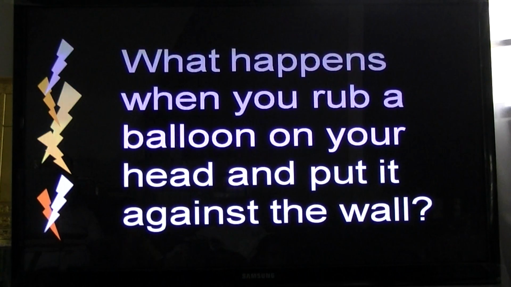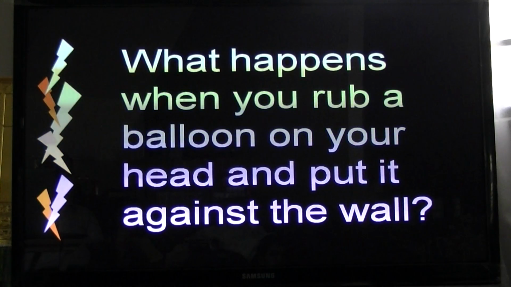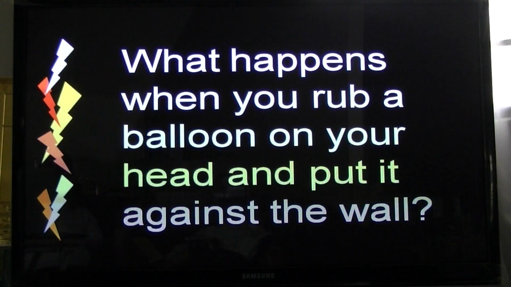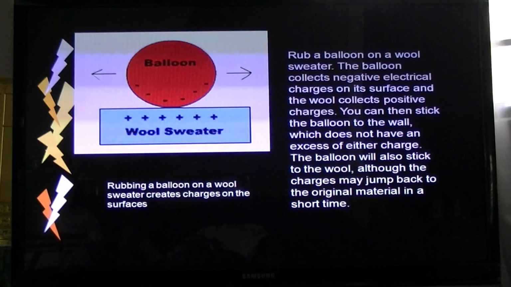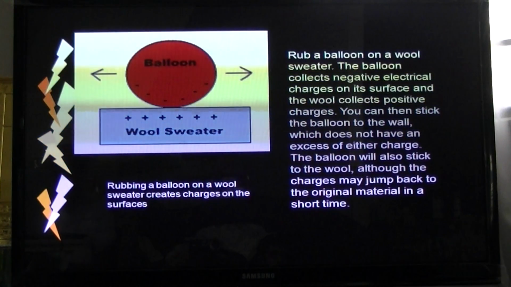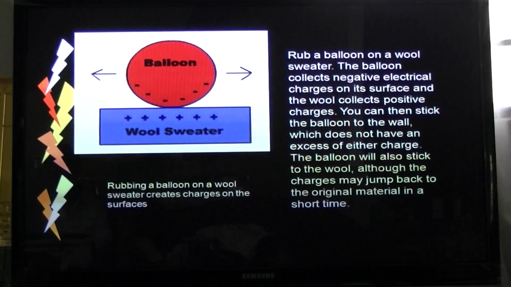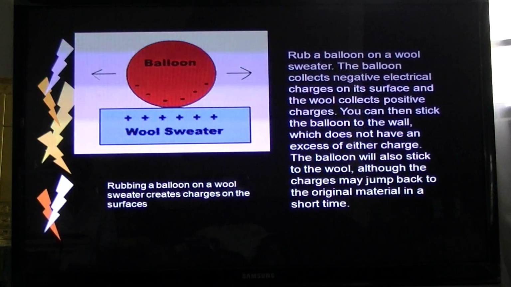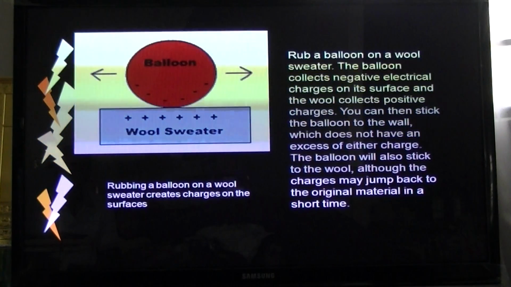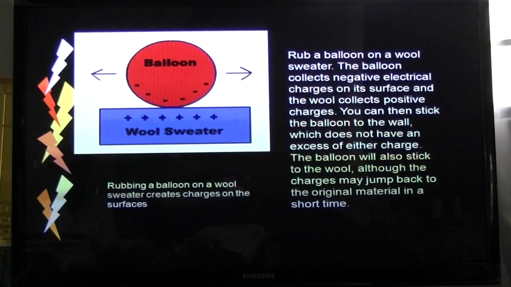Now, what happens when you rub a balloon on your head and put it against the wall? The balloon actually sticks to the wall. Rub a balloon on wool or a sweater. The balloon collects negative electrical charges on its surface, and the wool collects positive charges.